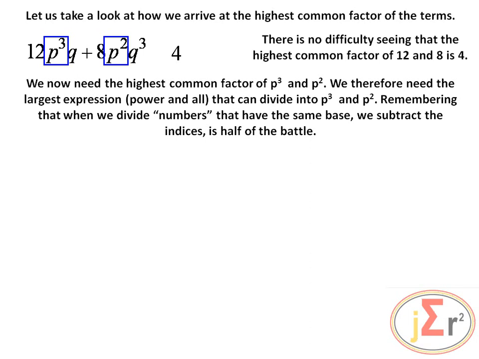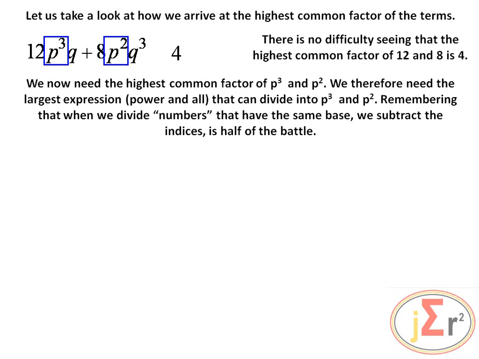Let us see as we progress what we really are doing, or what is applicable, when we are attempting to find the highest common factor of p cubed and p squared. We therefore need the highest expression, power and all, that can divide into p cubed and p squared.